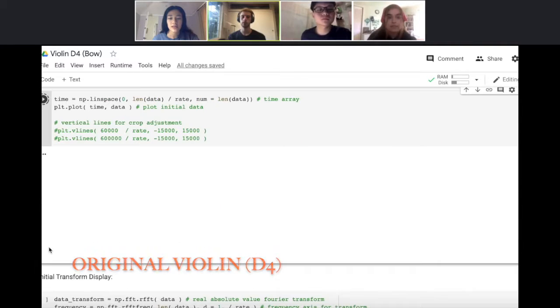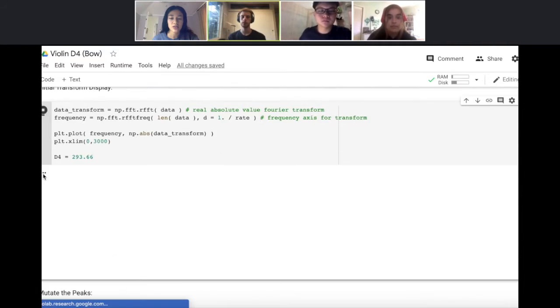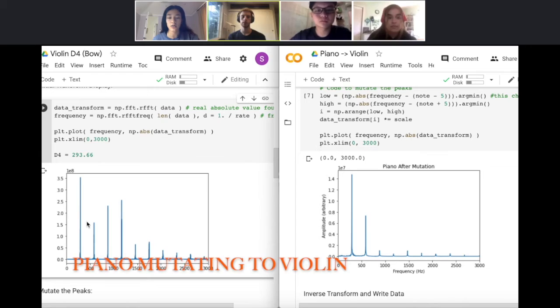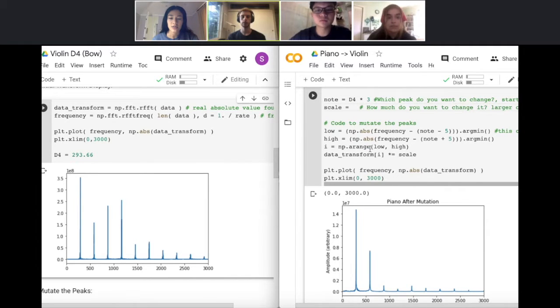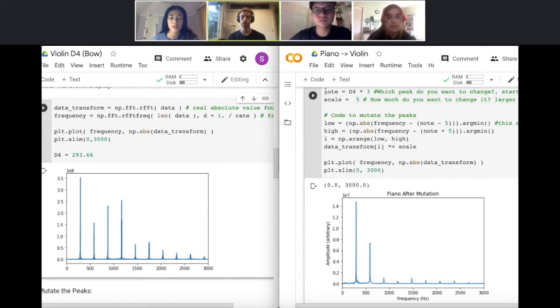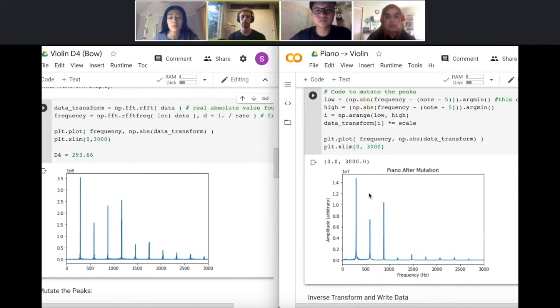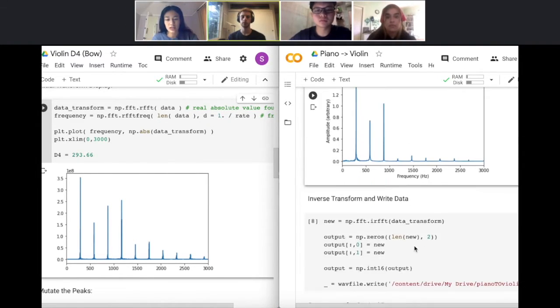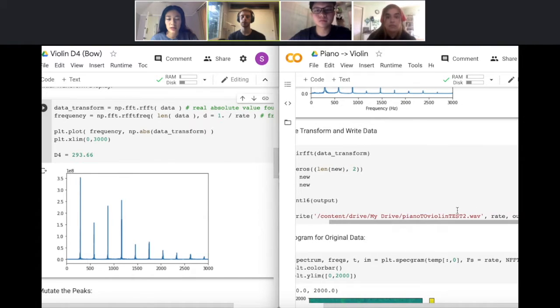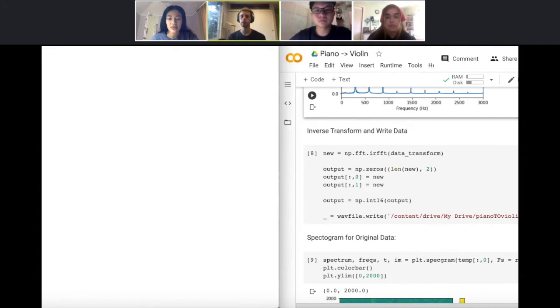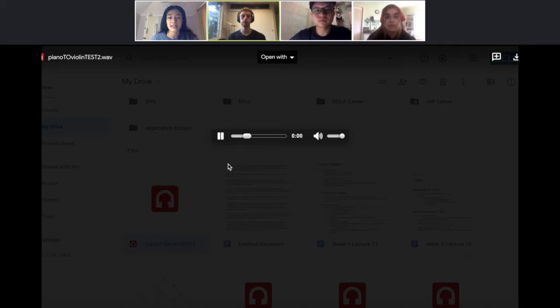We observed the shape of this graph and noticed the relationship between the amplitudes of each overtone compared to its following overtone. Next, we uploaded another instrument's WAV file and extracted the tonal signatures. By qualitatively observing the relationship between overtone amplitudes to one another, we modified each individual overtone of the to-be-mutated instrument's tonal signature. Once the tonal signatures matched relatively well, we applied an inverse FFT and wrote the data as a WAV file to listen.